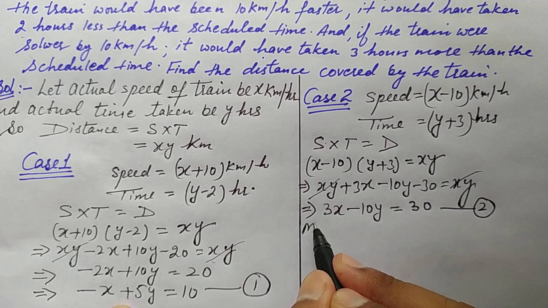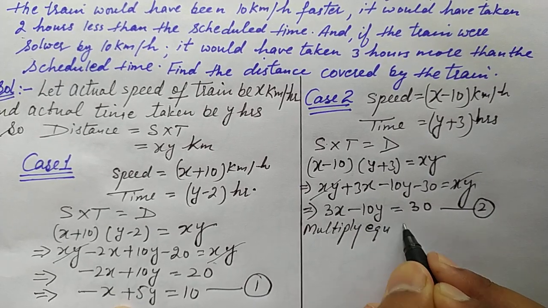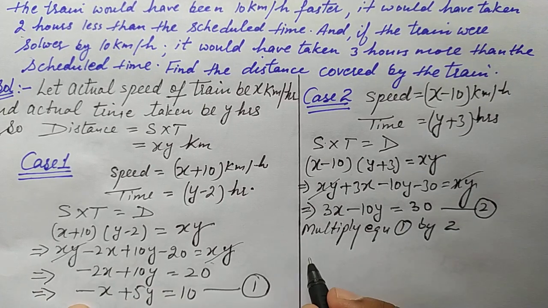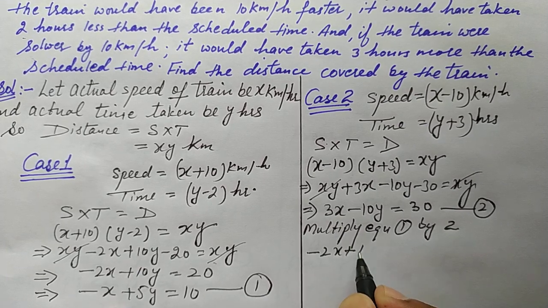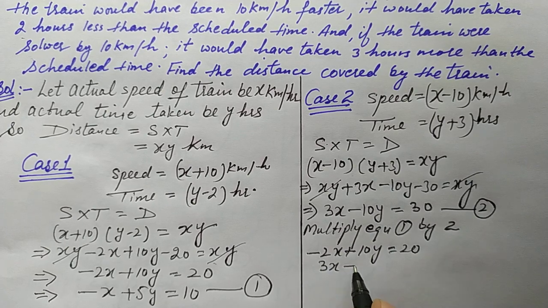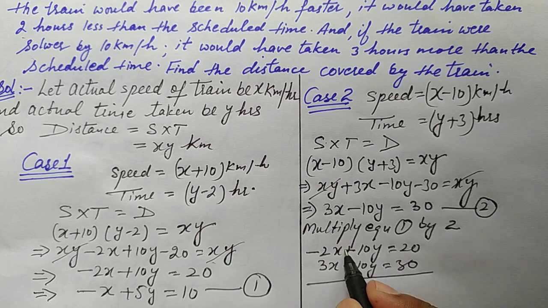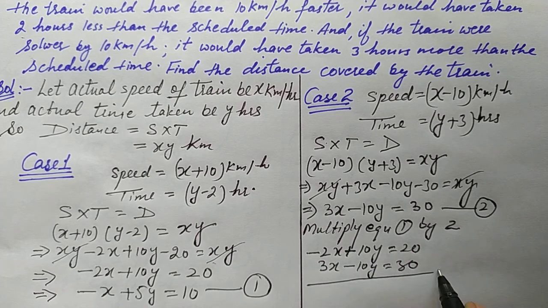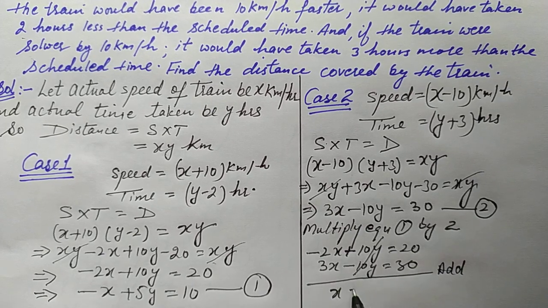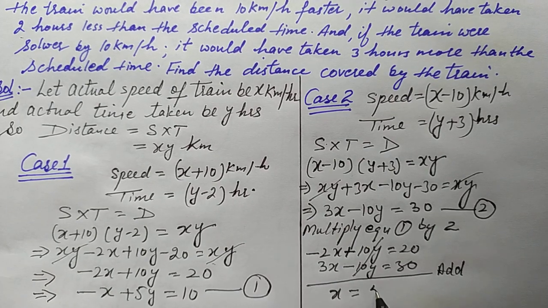Multiply equation 1 by 2, so we get minus 2x plus 10y equals 20, and the second equation we write as it is. Now we will add these two equations because the signs of the coefficient of y are different. So y cancels, and x is equal to 50.